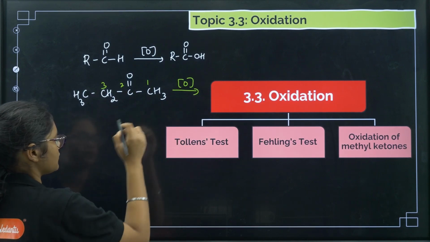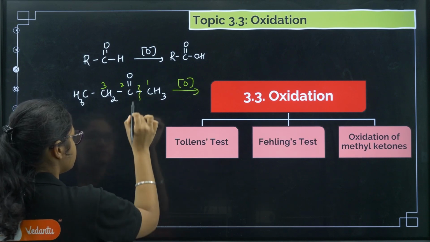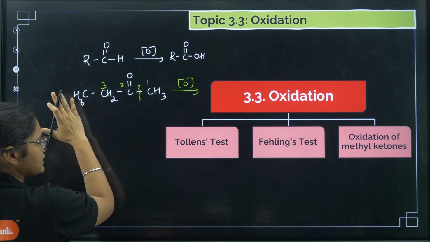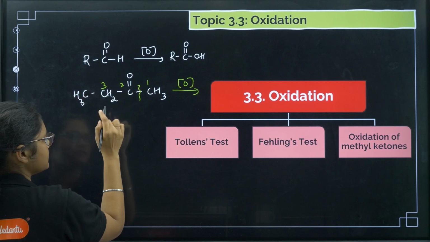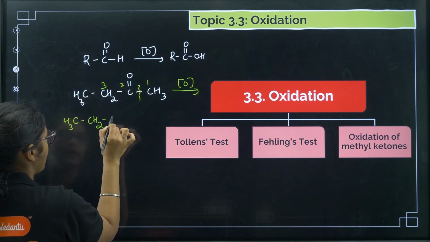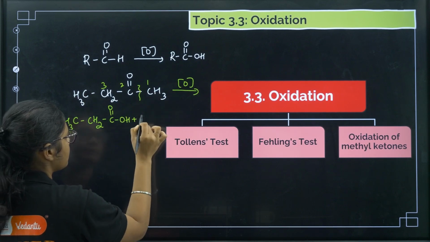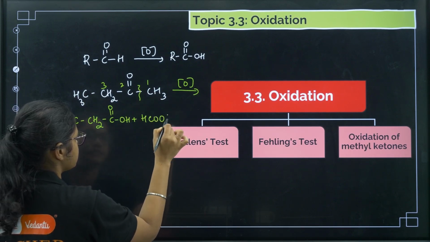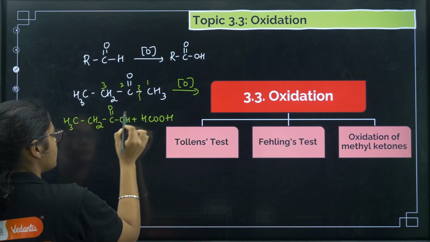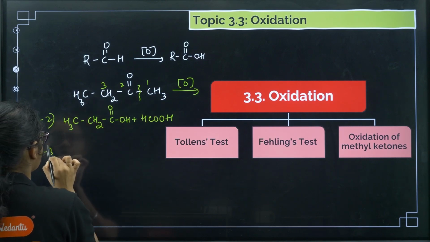Suppose oxidation is happening. First there is a possibility that this bond will break. If this bond breaks, we'll get one acid on this side and one acid on that side. So I'll get CH3CH2COOH plus this one-carbon acid, HCOOH. Next, there's another possibility, if the 2-3 bond breaks.